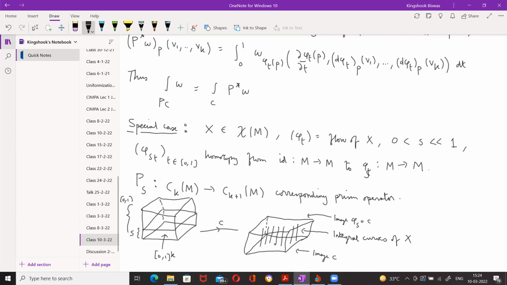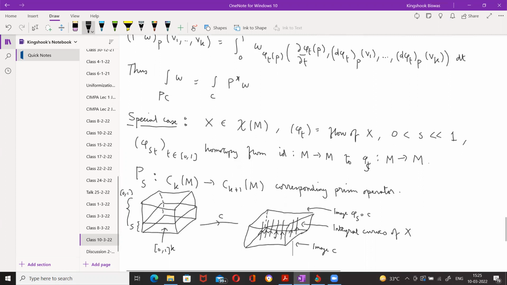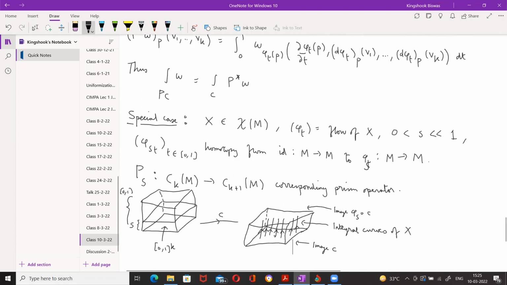So when s is very small, these integral curves will be tangent to X, right? So here I'll have X pointing. This will be X at the bottom here, right? Yes. Okay, so now I want to calculate this pullback phi s star of omega.